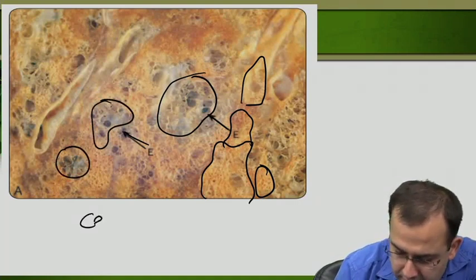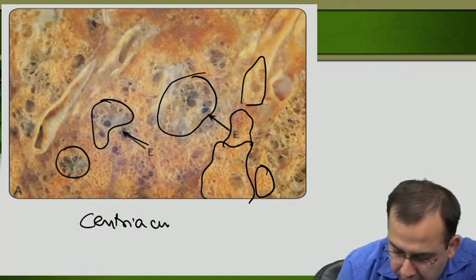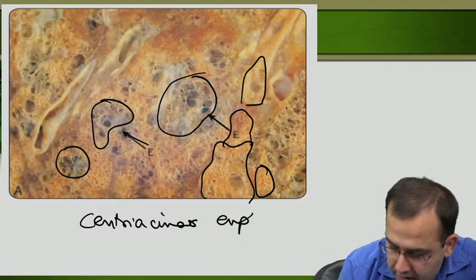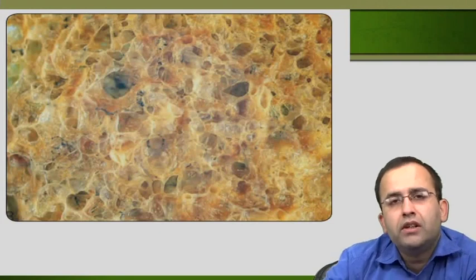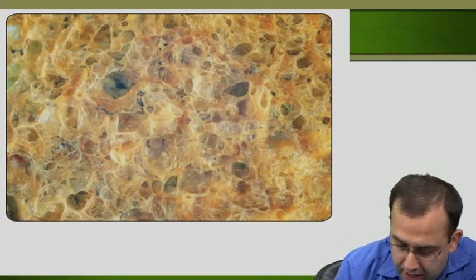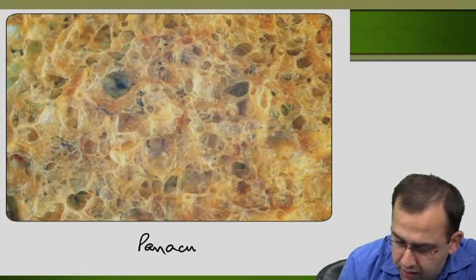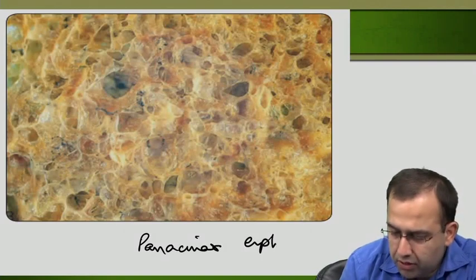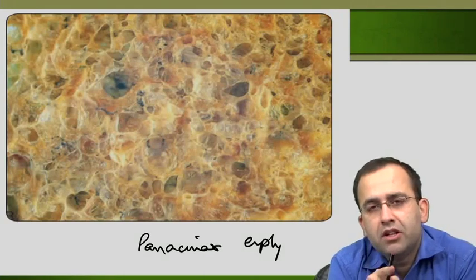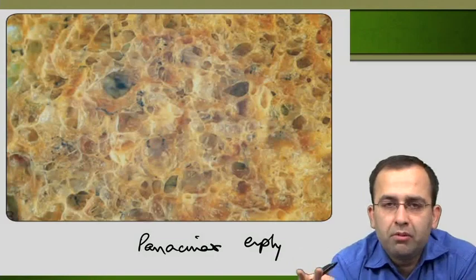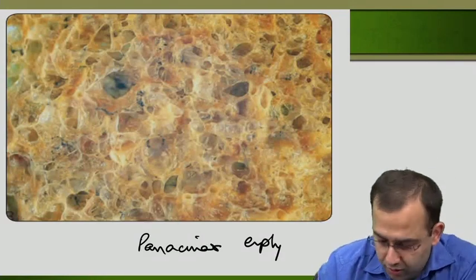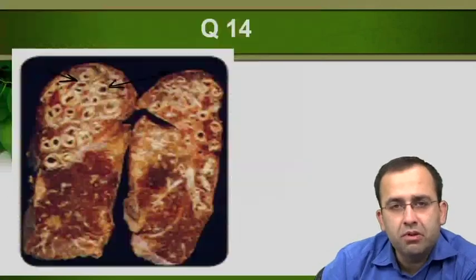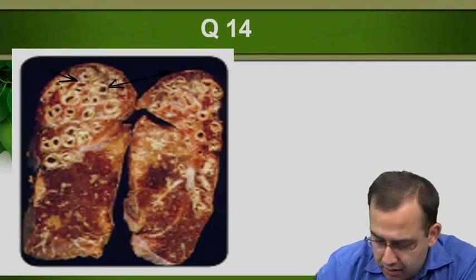This is centriacinar emphysema, versus where the whole lung is diffusely dilated, that is panacinar emphysema. What is the difference between emphysema and bronchiectasis? Emphysema is dilatation distal to terminal bronchiole, whereas bronchiectasis is dilatation of bronchi and bronchioles. So we have seen emphysema versus bronchiectasis.